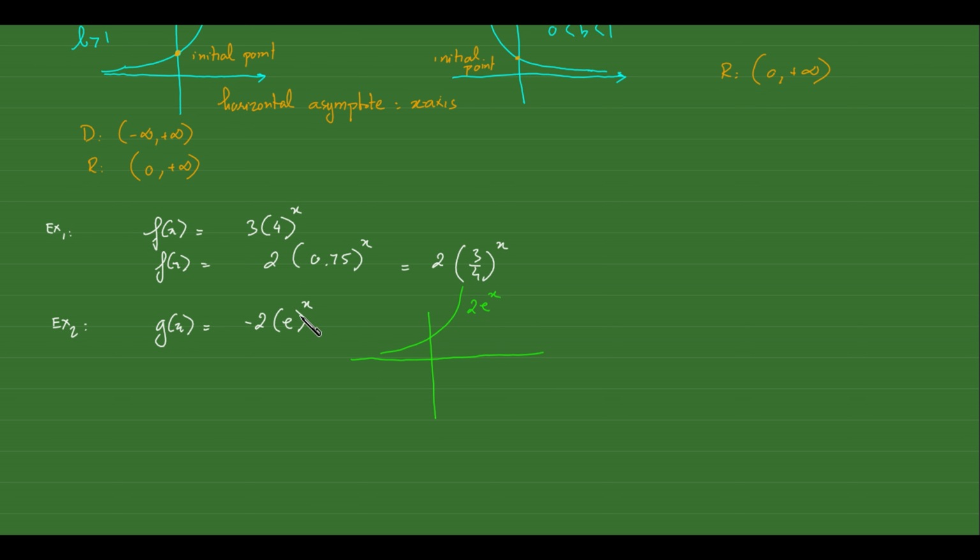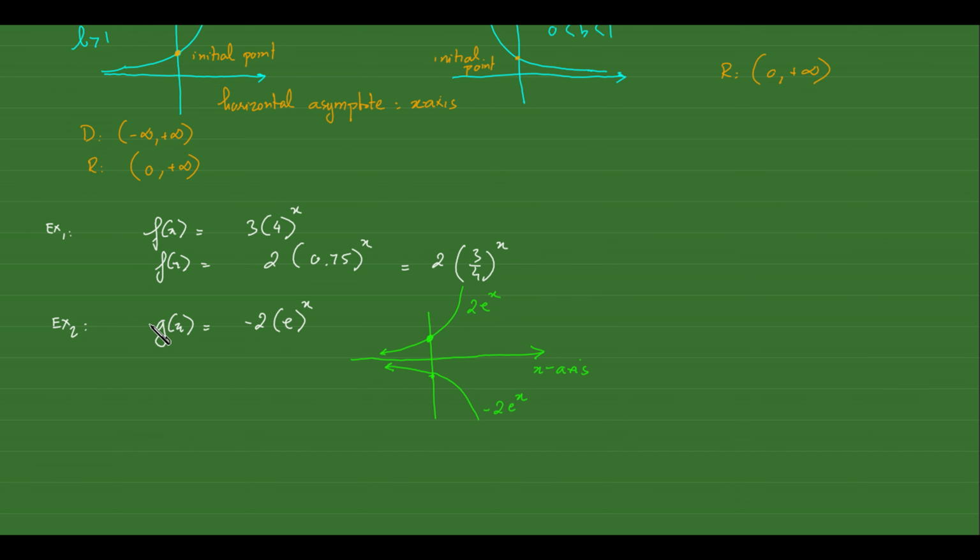The initial value at x equal to 0 is right here when it's positive, but because this is negative, you're going to flip it over. There you go. So it becomes -2 e to the x. If it's negative, it will be reflected about the x-axis. So if you have a calculator, it'll be very easy to see.